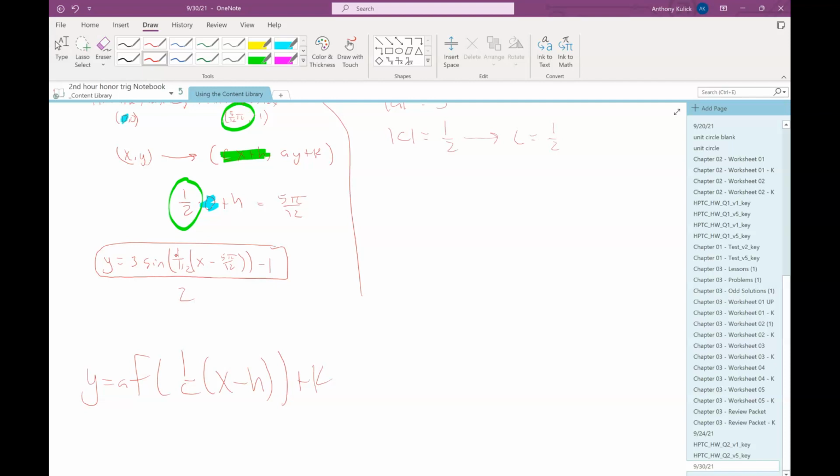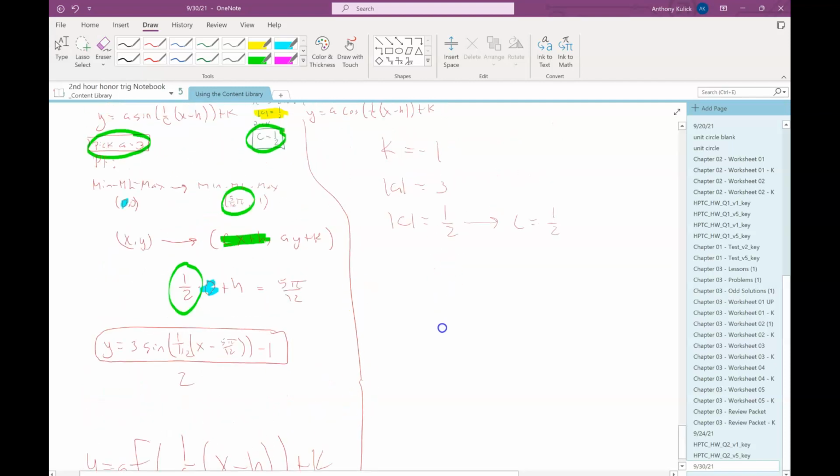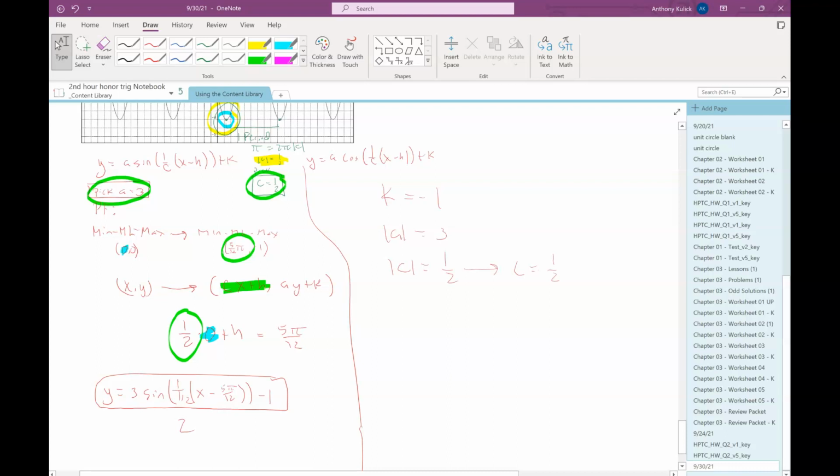That's right. Okay, so let's do the cosine one. Let's find this h. I'm going to do the same thing here. For my parent function, I'm going to use the point 0, 1, which is a maximum. And in my transformed function, I want to pick another maximum, which would imply the a has to be positive.